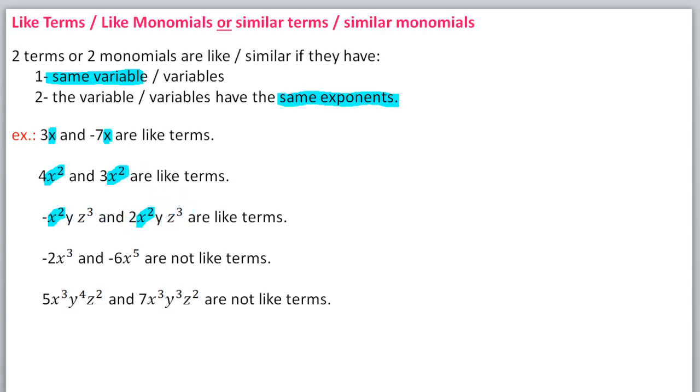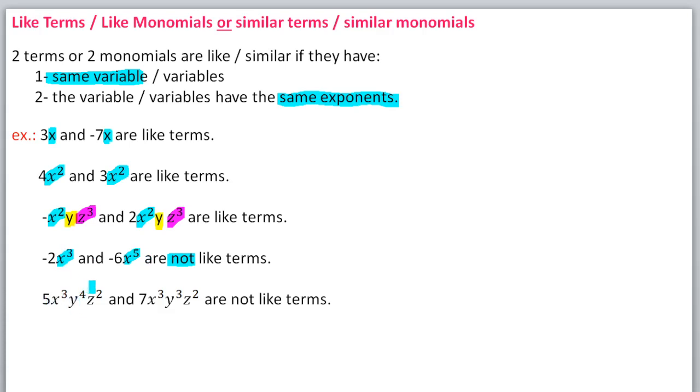Compare x and x, they have the same exponent. y and y have the same exponent. z cubed and z cubed, they have the same exponent. So they are like terms. Next one: x cubed with x power 5. So they are not like terms. Here is x cubed and here is x power 5.